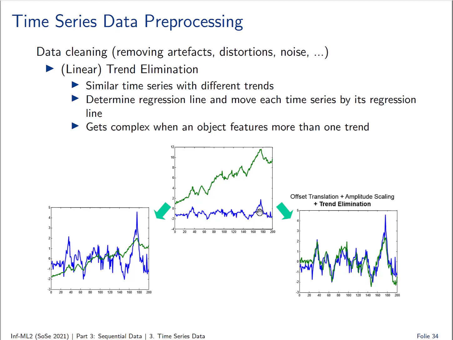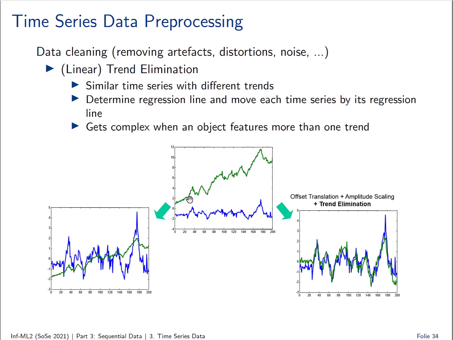If you want to get rid of this positive trend of the green one, then you can determine the regression line and move each time series by this regression line. Of course, that gets a lot more complex when an object features more than one trend. So here is just one trend.